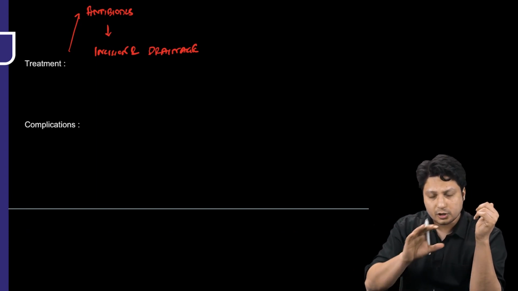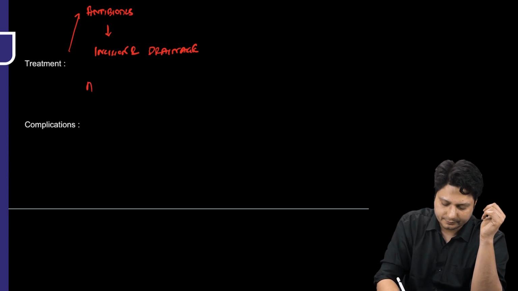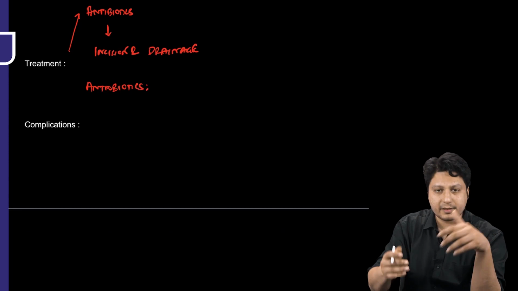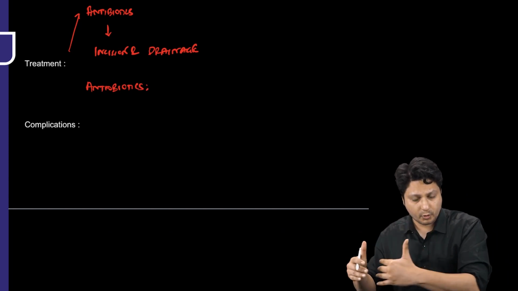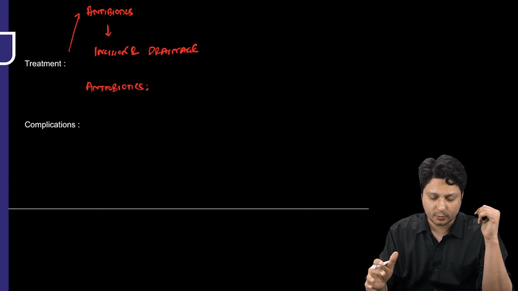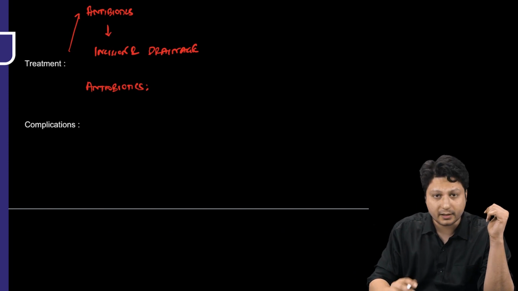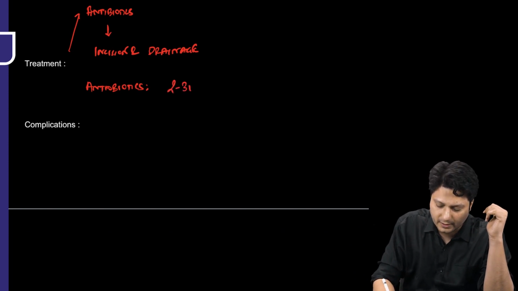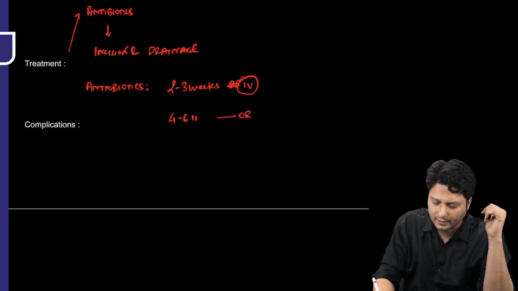Now, as far as the role of antibiotics is concerned, appropriate antibiotics are to be given after you get the pus culture sensitivity report, and those antibiotics are continued for 2 to 3 weeks in the form of IV antibiotics and 4 to 6 weeks in the form of oral antibiotics.